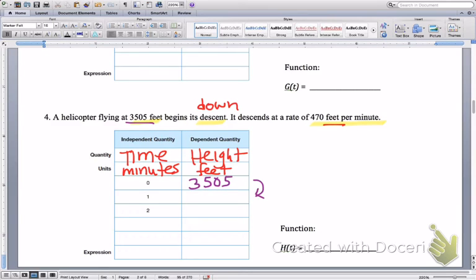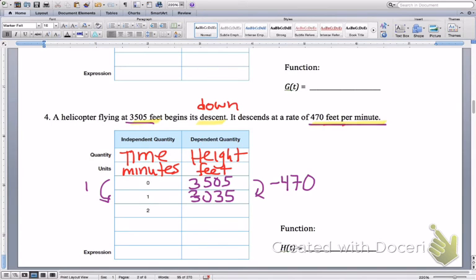And what's happening, let's see, on the left side, we have every 1 minute. So it's 470 per minute, so per 1 minute. So it's going to be going down, so it's negative 470 for every 1 minute. So it's going to subtract 470 each time. So we get the following numbers. We subtract first 470, and we get 3035.